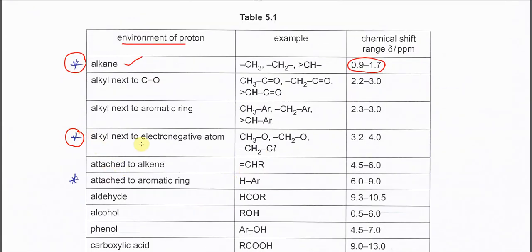Alkyl next to an electronegative atom, so it refers to this one, right? So when the CH or CH2 is next to the O, the chemical shift is 3.2 to 4.